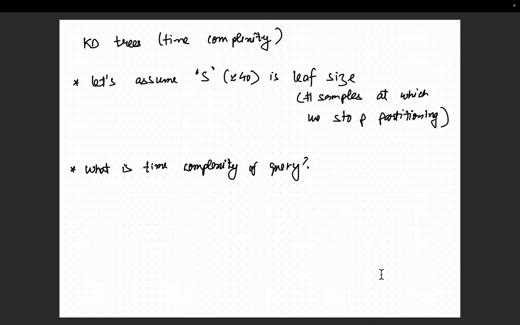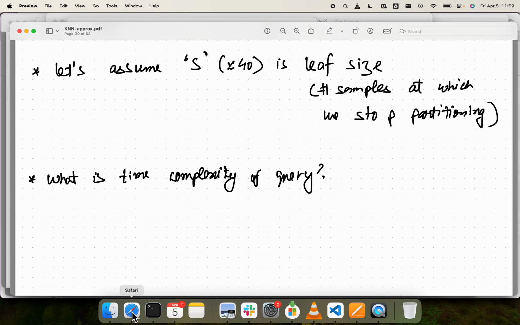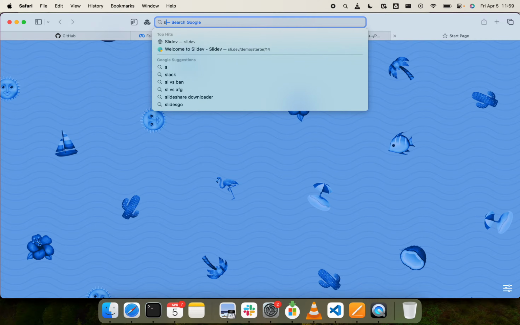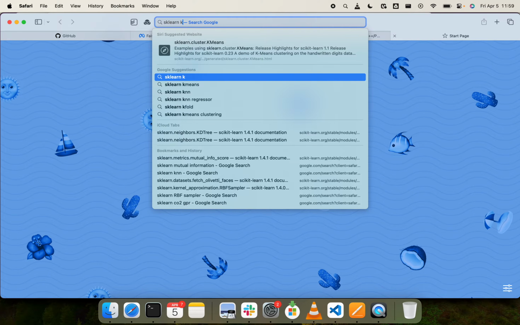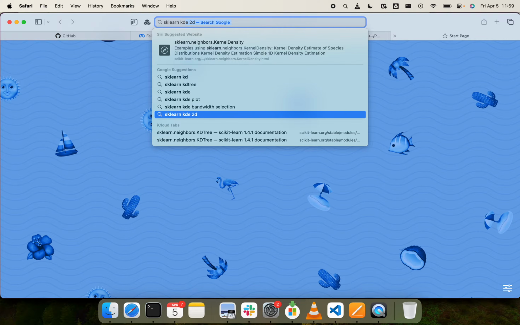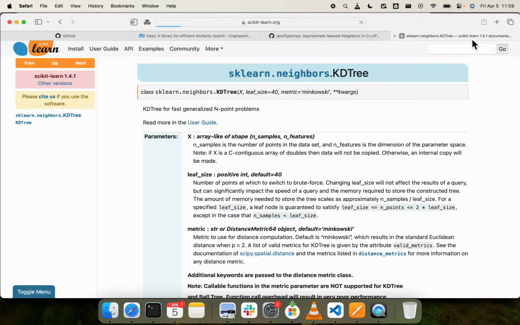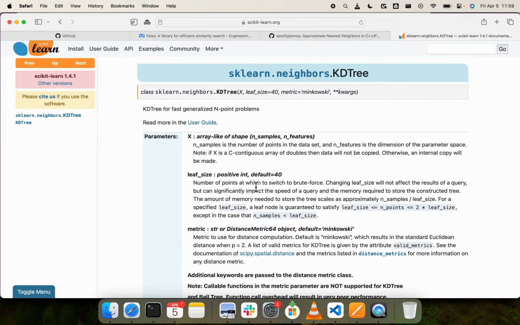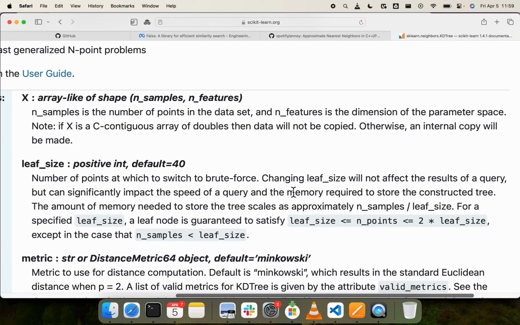Where do you think I got this number s equal to 40 from? I got this from the sklearn documentation. If you look at sklearn neighbors KD tree, leaf size is a positive integer, default 40: the number of points at which to switch to brute force.